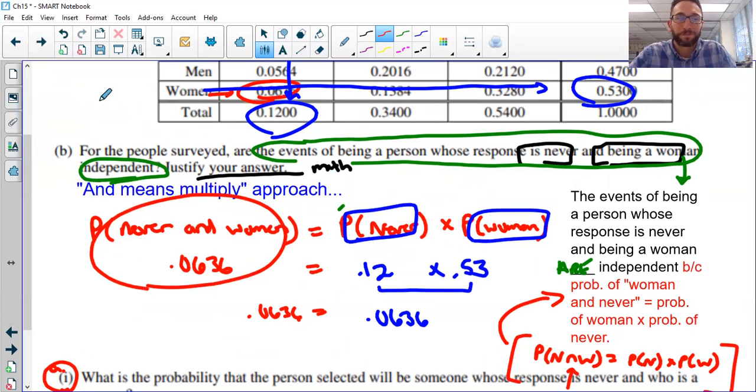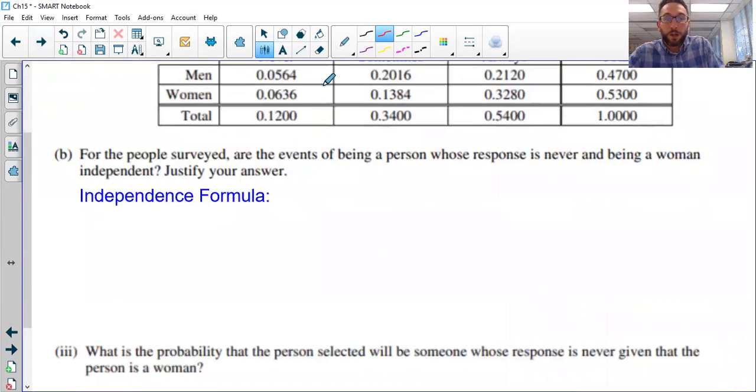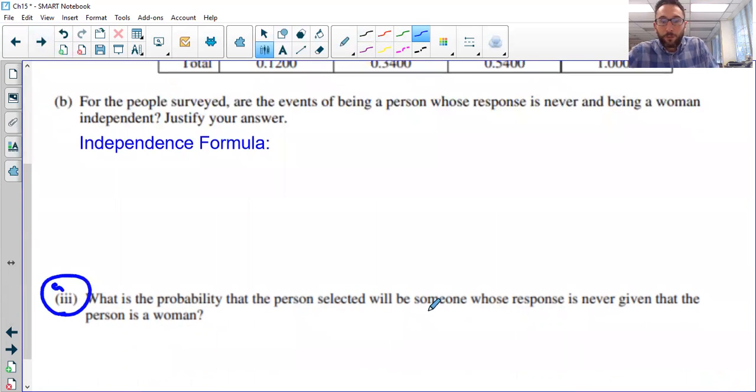So that's one way. But that's not the only way we might have approached question B. The other option would be to use the independence formula idea. Similarly, we can use a previous answer. In question A3 in this 2019 example, we found the probability that someone's response was never given they were a woman.